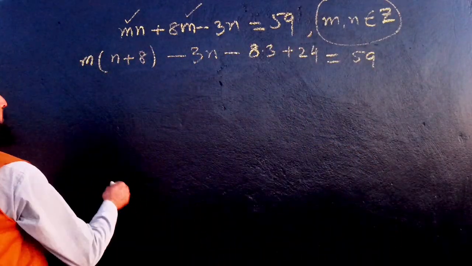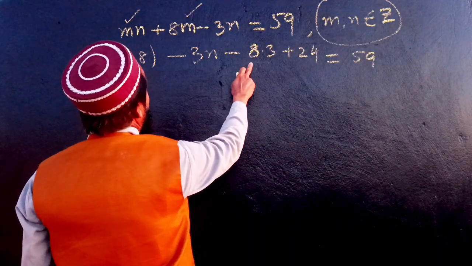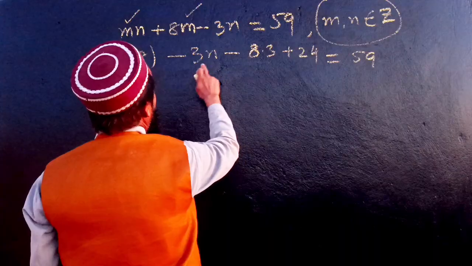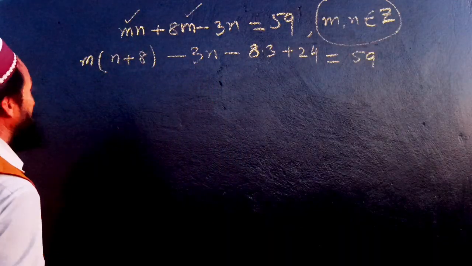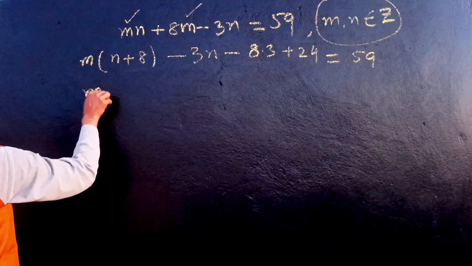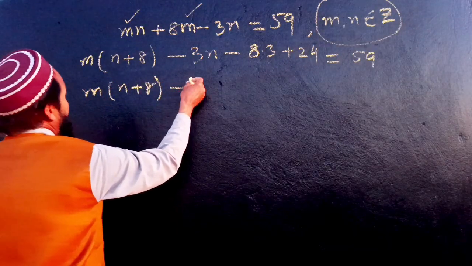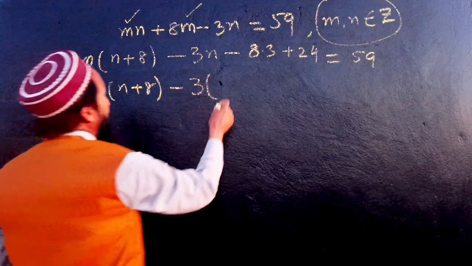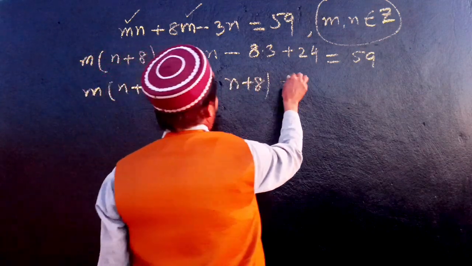So if we check this term, taking minus 3 common from this pair, we will get plus n + 8. So m(n + 8) minus 3, if we take common, n + 8 is remaining, plus 24.